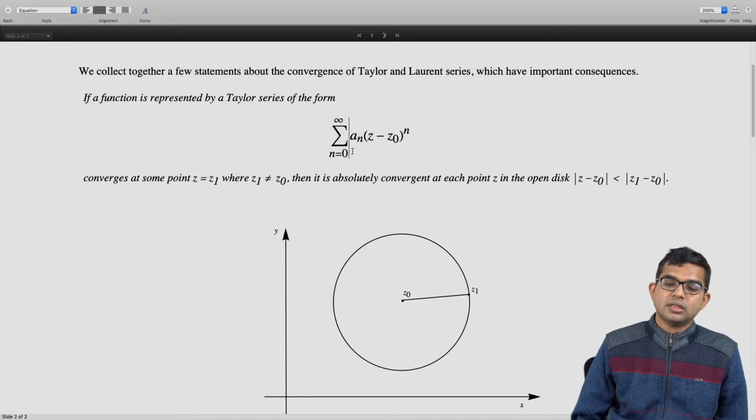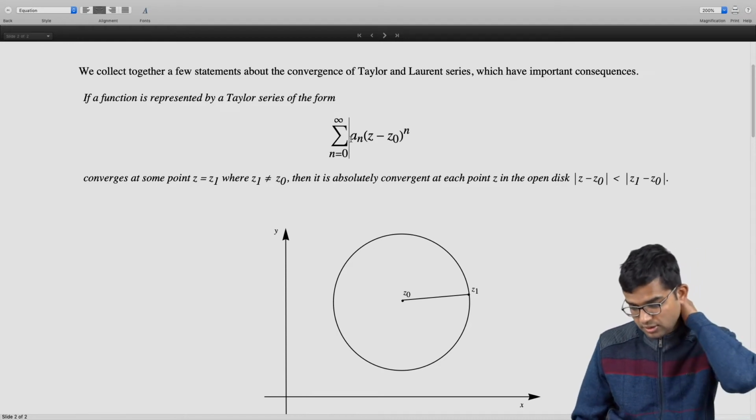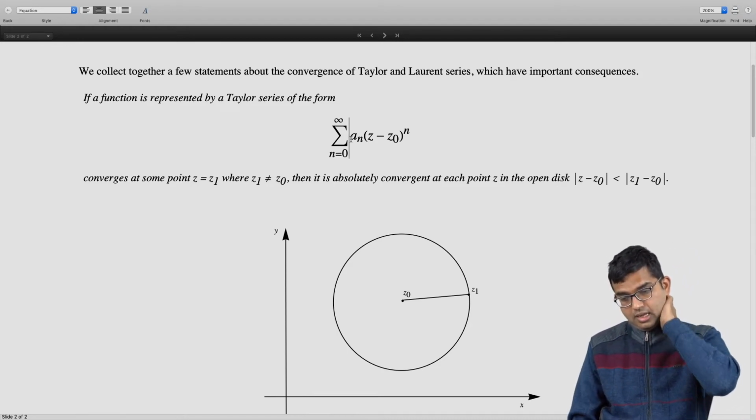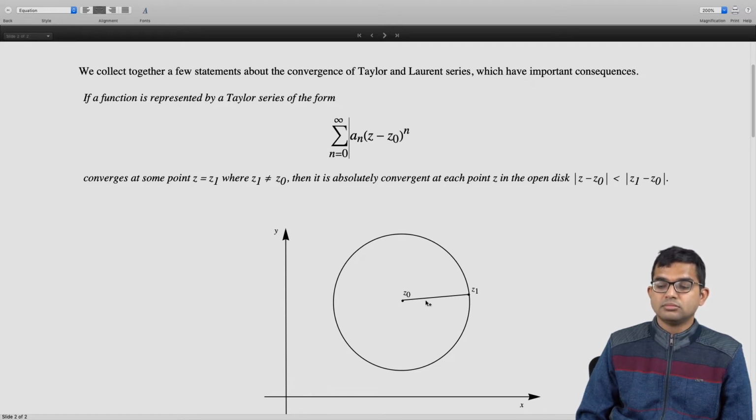You can show that there is a certain series involving real numbers really. When you take the modulus of this, you can argue that this is a convergent series, the sum of the absolute values, whenever z lies within the circle defined by z1, right?